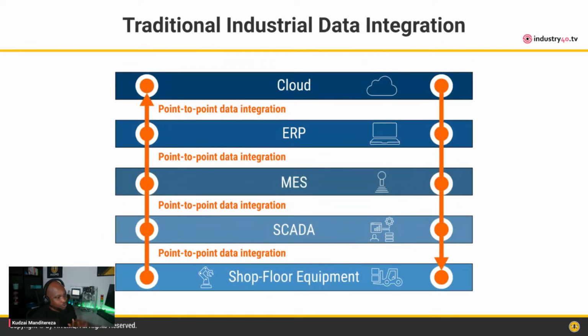Now, when you are embarking on an industrial IoT project, one of the fundamental things you want to do is to be able to integrate data from all these various equipment, software, and so on. So the traditional way of moving data is to put it in a position where it is of use to you as a manufacturer.